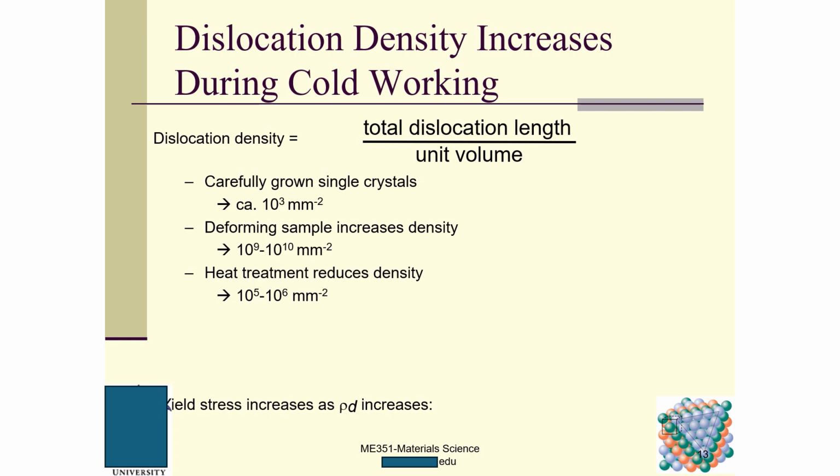For a carefully grown single crystal, the density is calculated at about 10^3 per square millimeter. Deforming the sample increases the density to about 10^9 to 10^10 per square millimeter. Heat treatment reduces the density, and it goes back to 10^5 to 10^6 per square millimeter.